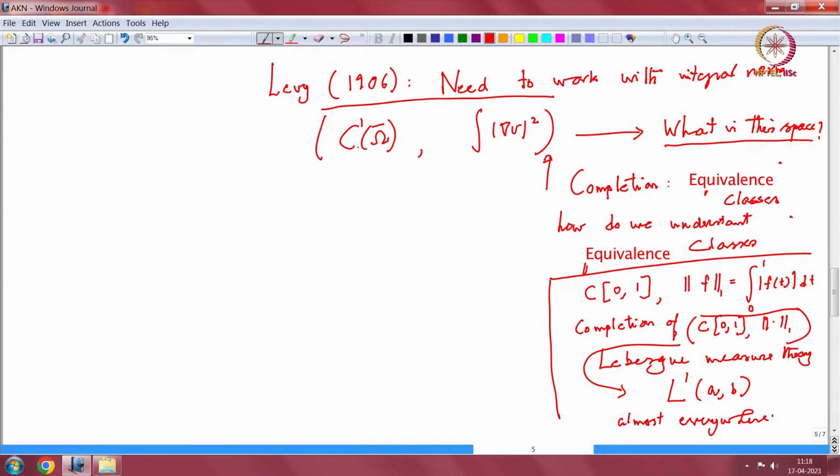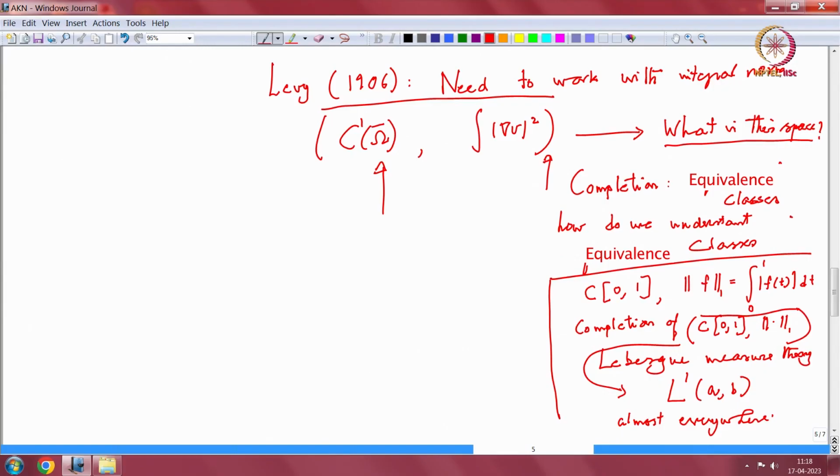So, when you look for the completion of this space, you may end up with functions, and that is precisely the Sobolev spaces you are going to see. The H1 spaces, the first order Sobolev spaces, which you will see later, are nothing but this completion.